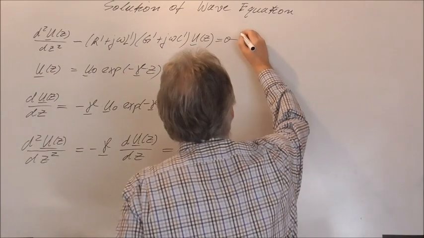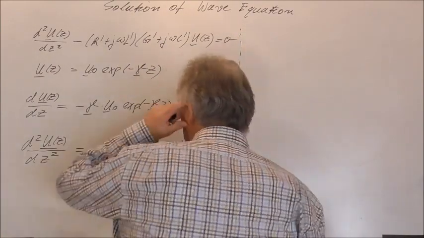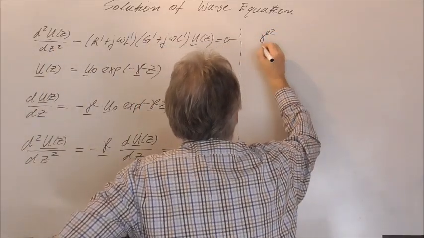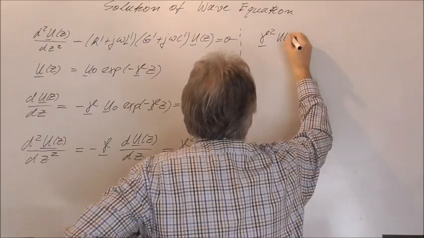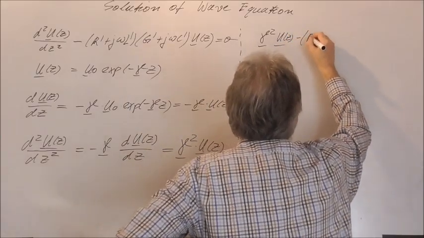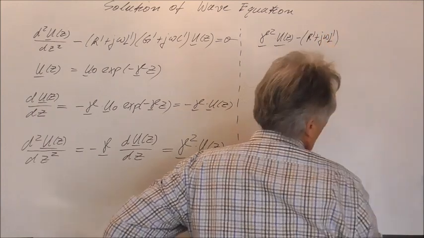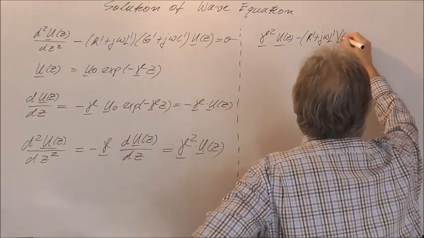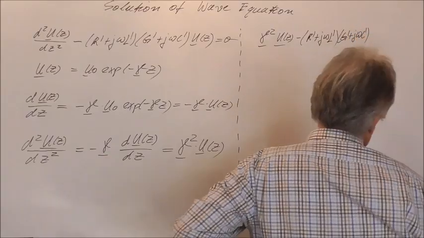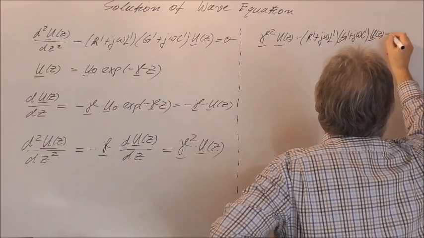So we can formulate now that gamma squared times u of z minus r prime plus j omega L prime times g prime plus j omega c prime times u of z is 0.